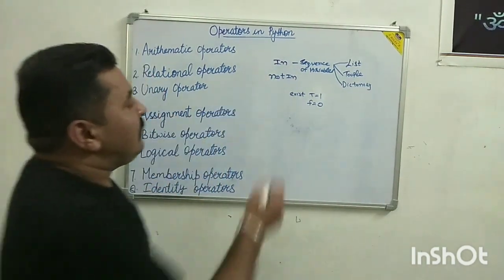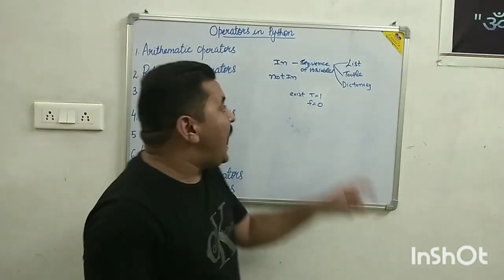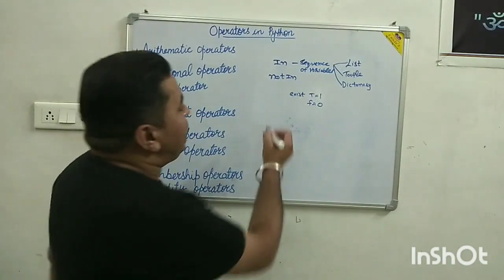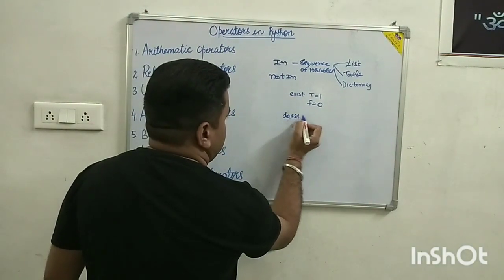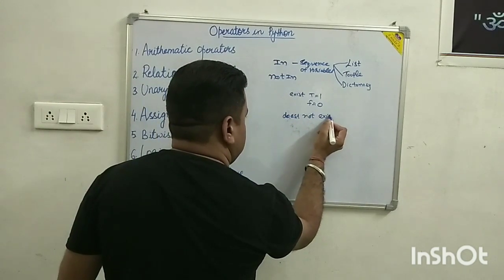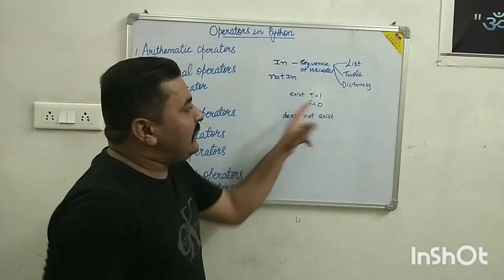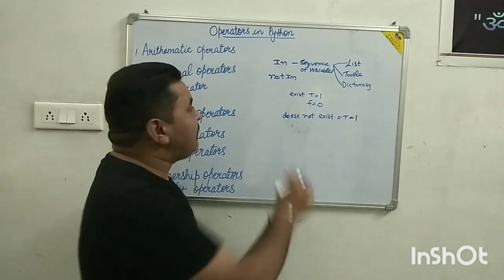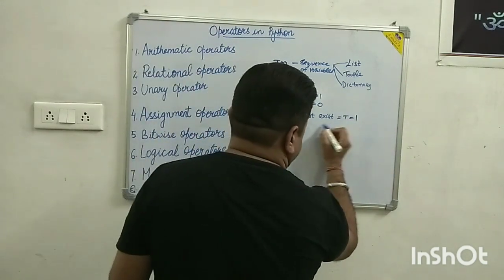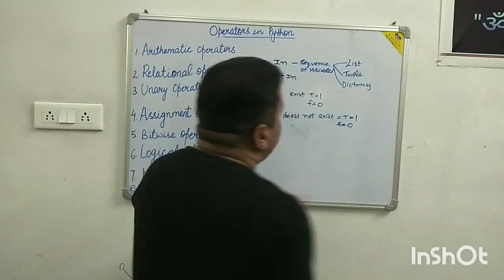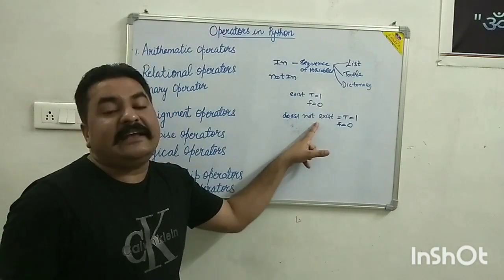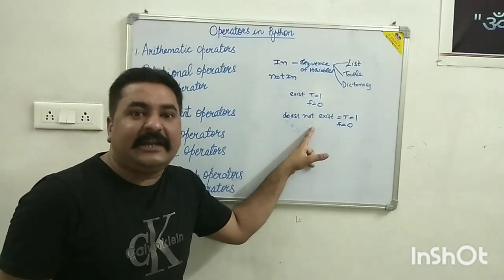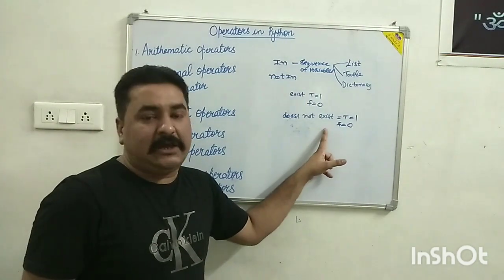Not in means the variables in sequence are not in list, tuples or dictionary. So we can say that if the value does not exist in this sequence, then this is true, that is equal to 1, and if the value exists in not in, that means it is false, that is equal to 0.